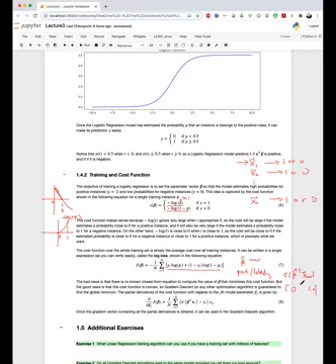If it's greater than 0.5, for example, you will get positive. And if it's between 0 and 0.5, you will get negative. All right, so this is all. We'll see more examples about logistic regression for classification in the next lecture. And that's all for lecture 3.